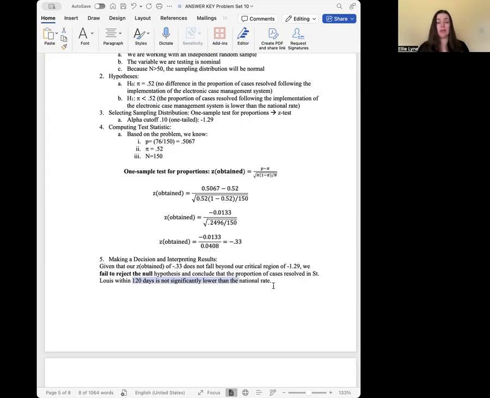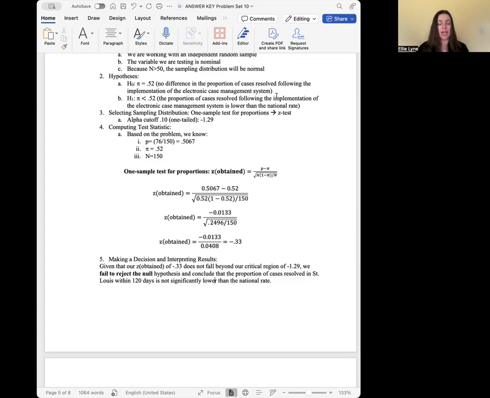Importantly here, just because we failed to reject the null hypothesis does not mean that this is just different than the national rate, right? Because that's not what we tested here. We only tested lower. So this is the only claim that we are able to make here. So keep in mind that the verbiage you use in your interpretation should match what you have in your hypothesis and your alternative hypothesis specifically.